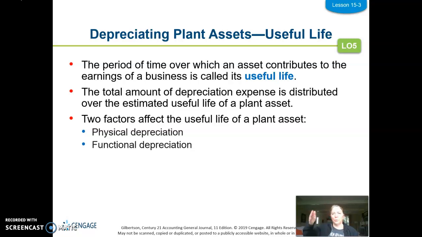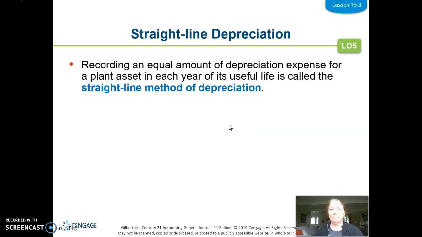So we're going to say that we're using it regularly over however many years. And there are two factors that affect that guess, and that's physical depreciation and functional. And we're really not going to go into any discussion about that for our purposes at all in calculating.